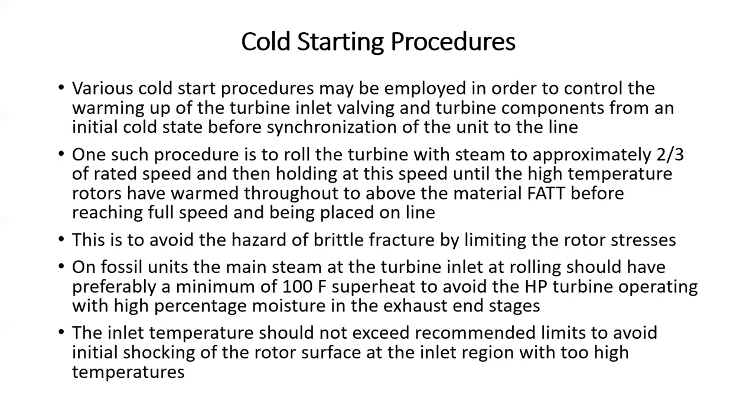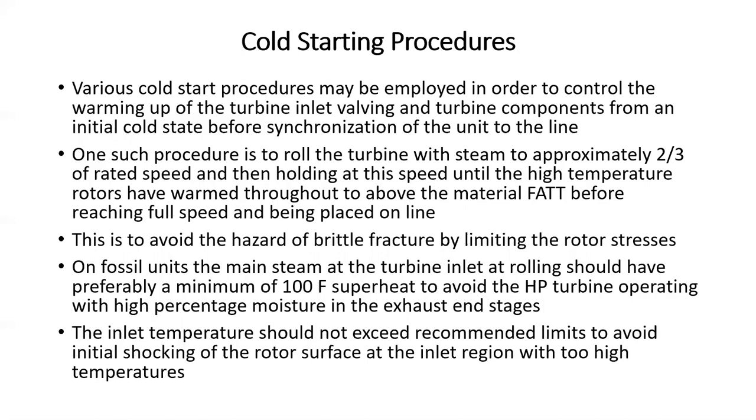For fossil units, main steam at the turbine inlet at rolling should have preferably 100 degrees of superheat to avoid the high pressure turbine operating with a high percentage of moisture in the exhaust end stages. So we want that 100 degrees of superheat so that we don't have excessive moisture coming out the end of the high pressure turbine.